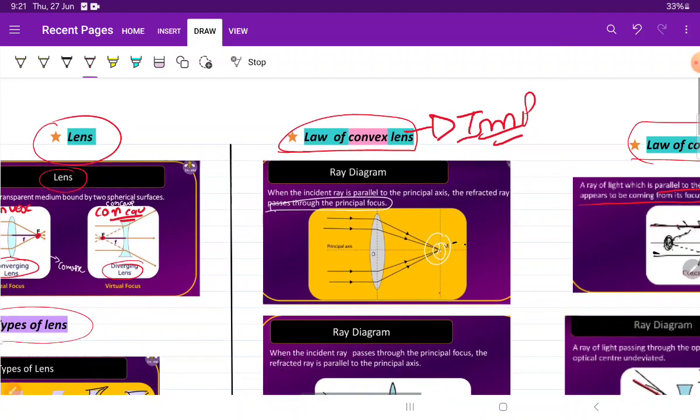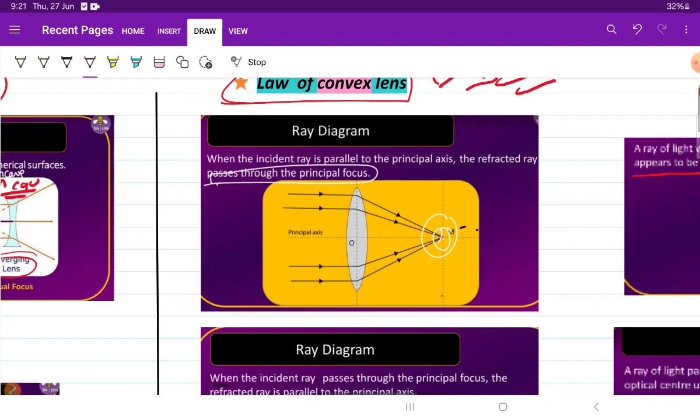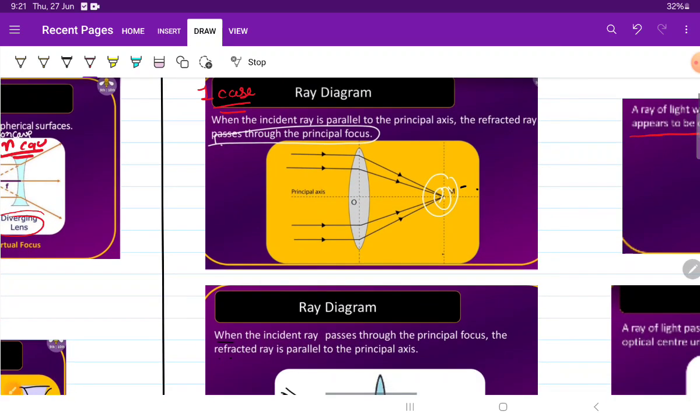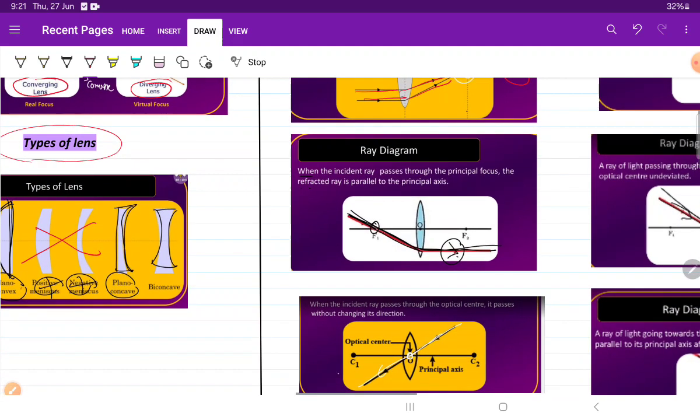Okay, now let's quickly start with the laws of convex lens. The first case tells us that if all the rays are coming from infinity, then they all will converge at the focus only.